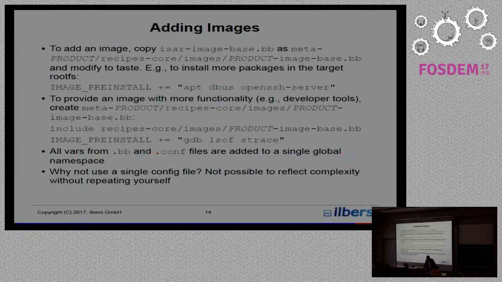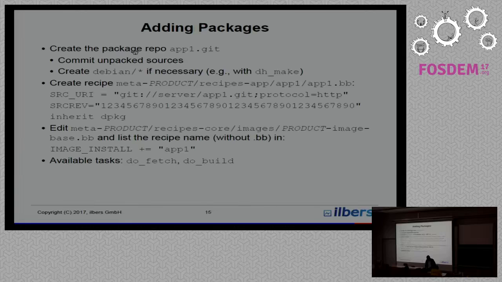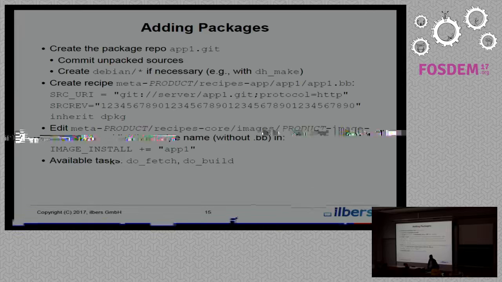So, adding packages. Basically you should have a known project or application repository, and it should be already Debianized. After that, you create a 3-line recipe for that, referencing the URL of the repository and source revision, and then you say inherit dpkg, and this makes the whole thing build.